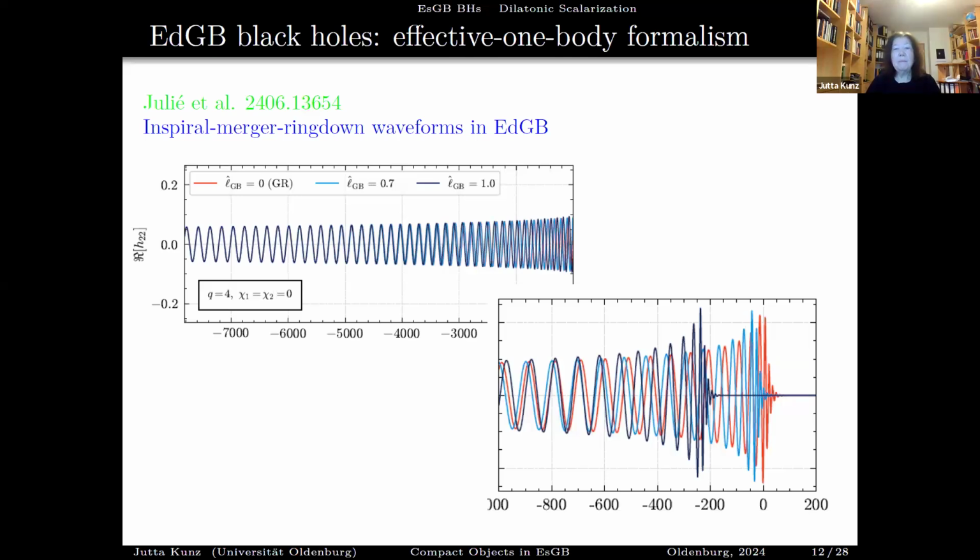And they now have, as far as I know, the best bound on alpha in this Einstein-scalar-Gauss-Bonnet theory. Just because, when you have this theory, you have an extra degree of freedom. There's the scalar field. So you have more channels.